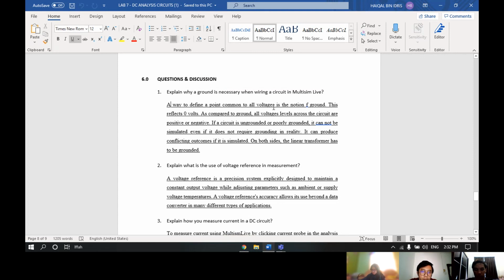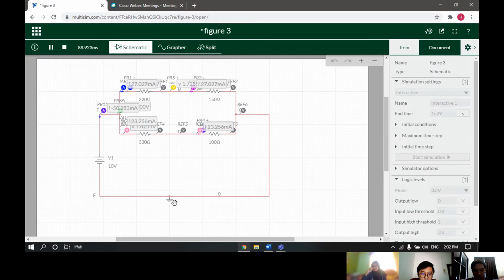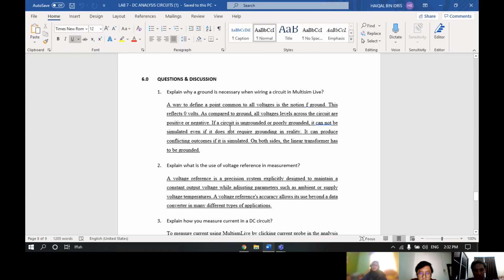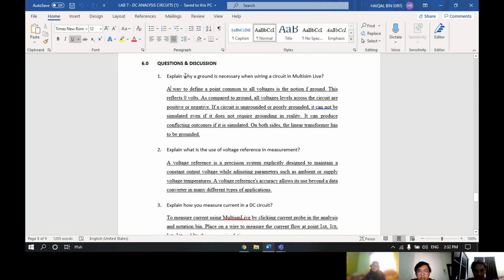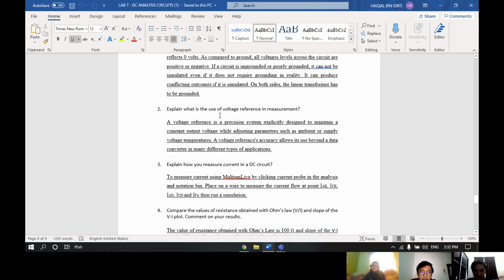A way to define a point common to all voltages is the notion of ground. This reflects 0 volts. Compared to ground, all voltage levels across the circuit are positive or negative. If a circuit is ungrounded or poorly grounded, it cannot be simulated even if it does not require grounding in reality.